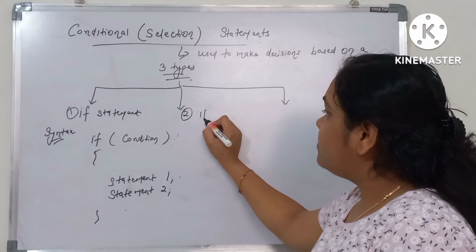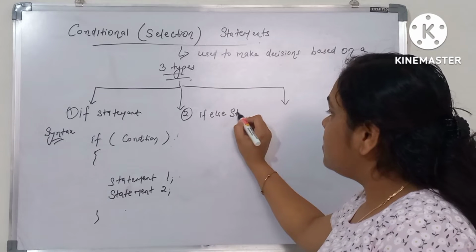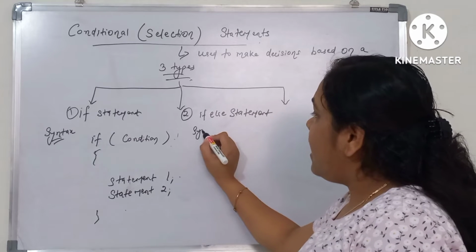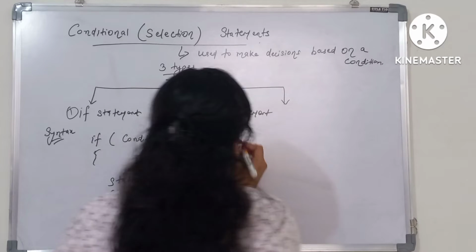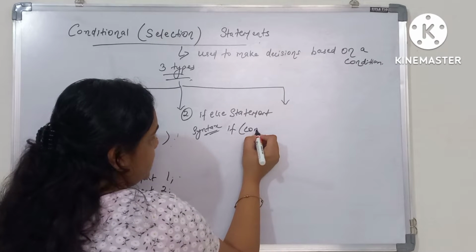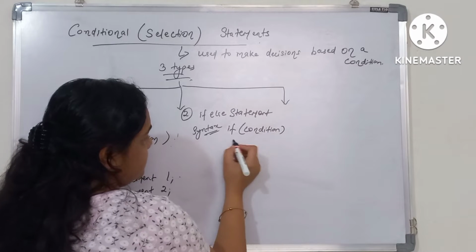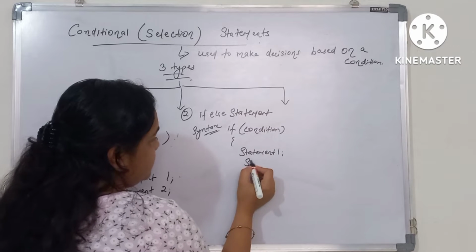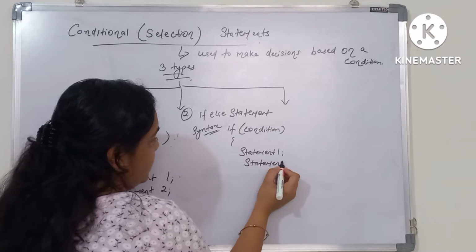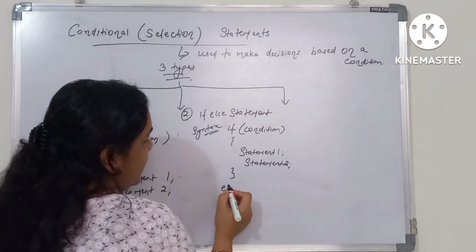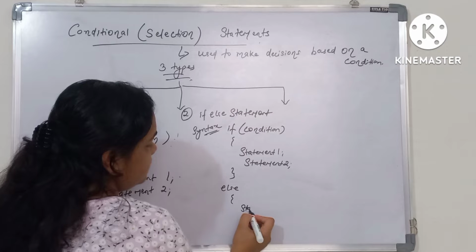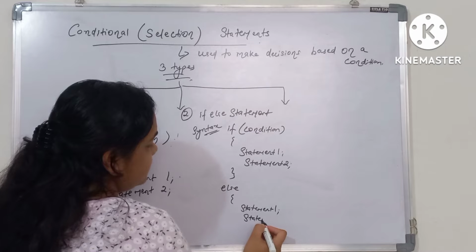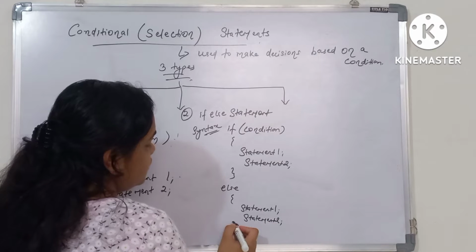And the second type is if else statement. Clear? And what is the syntax for this? If condition, here statement 1, statement 2, and next for else also statement 3 and statement 4.